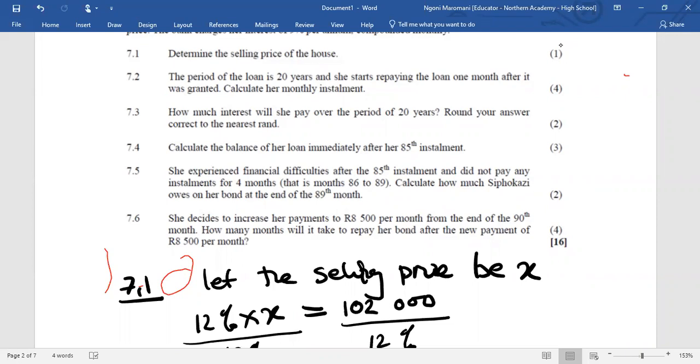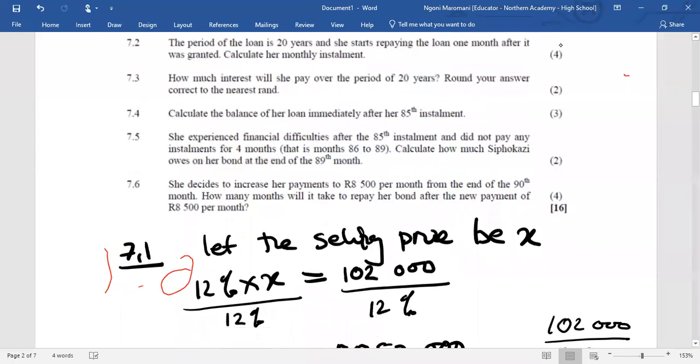So here we need to know which formula we are using. Which formula do we use here? The present value formula.